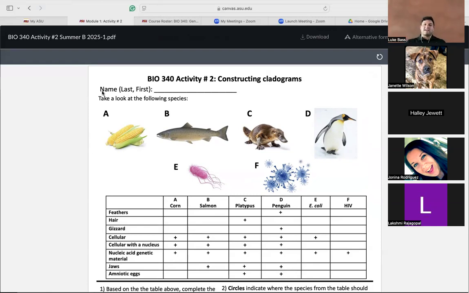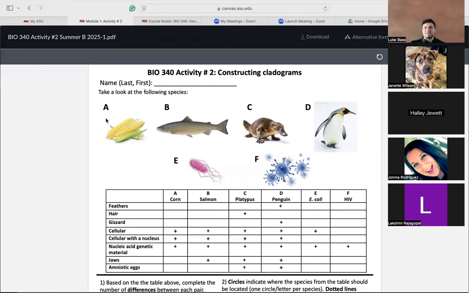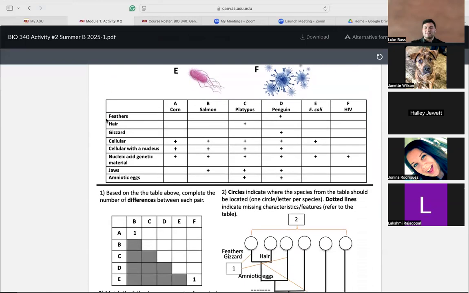Well, if you all feel good about activity two, you can ask other questions about the class. I'd be happy to answer those. Or if you're actively working on activity two, you can ask questions if anything comes up.